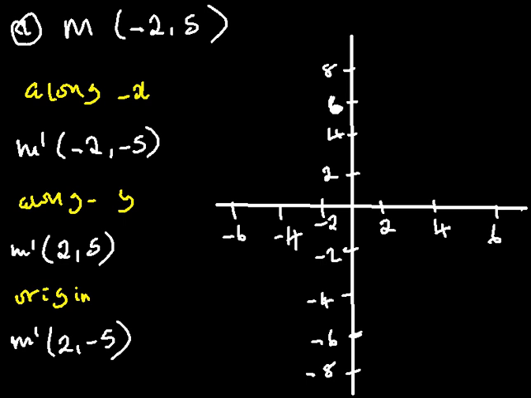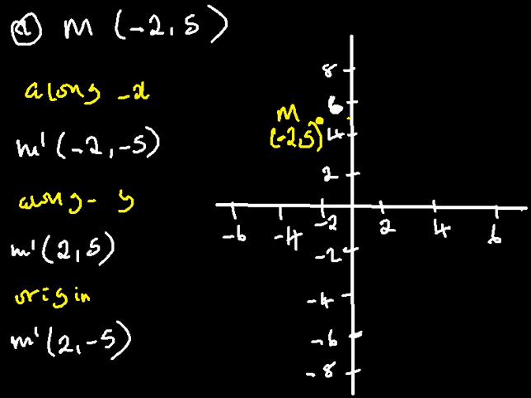So (-2, 5), this is the point M. Now we should have the image of point M along x. That is (-2, -5).